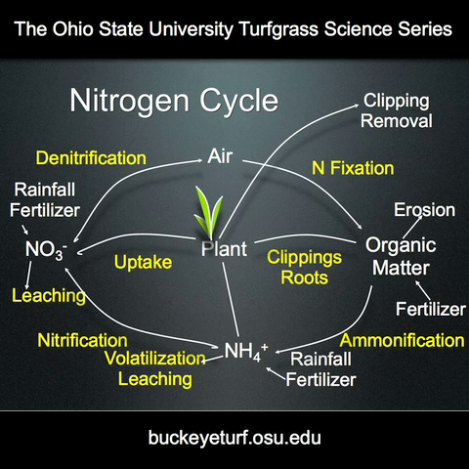When you talk about uptake of plant nutrients by the roots, there are a lot of different factors that affect it. If you look at this graphic of the nitrogen cycle, it is illustrative because we apply all of these other elements in our fertility program and we want to achieve a balance, but nitrogen, for the most part, is the most important element that we deal with in turfgrass management.